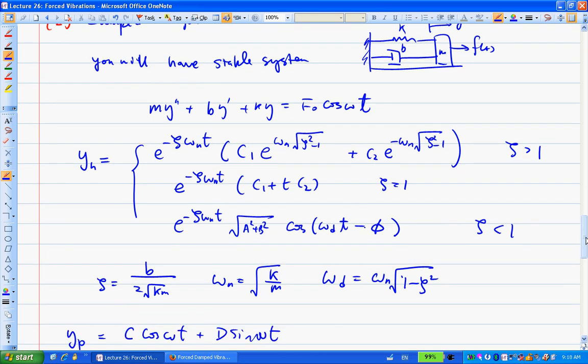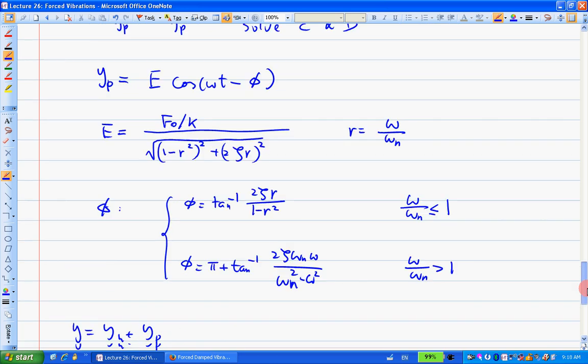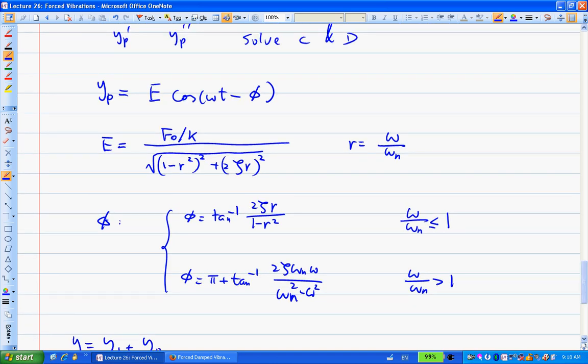Remember what I said: when you inject a linear system with a sinusoid of certain frequency and amplitude, the output will have the same frequency but a different magnitude and phase. That's exactly what I'm saying here. So E is not going to be the same as F0, and phi may not be 0.